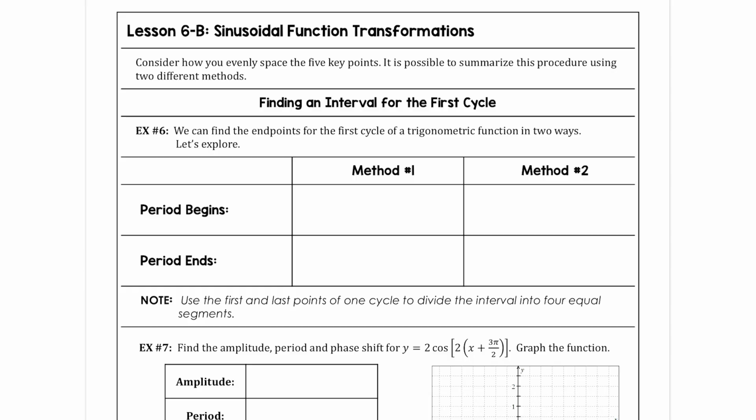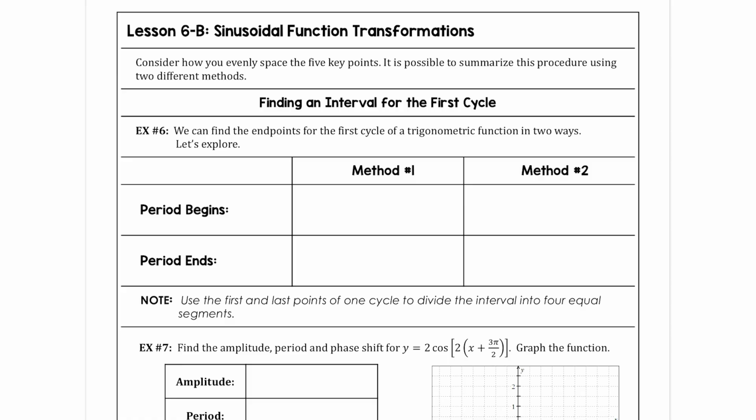Alright, let's do lesson 6B in the same video, because why not? So now we're on to finding an interval for our first cycle. So this is kind of where I was talking about we can do things in different ways, because this is math, and we can do everything in a million different ways, right?